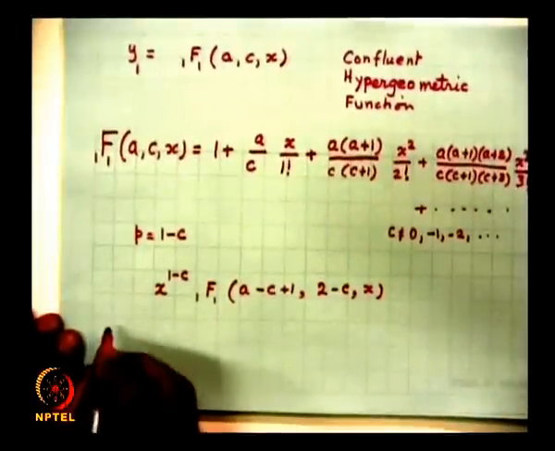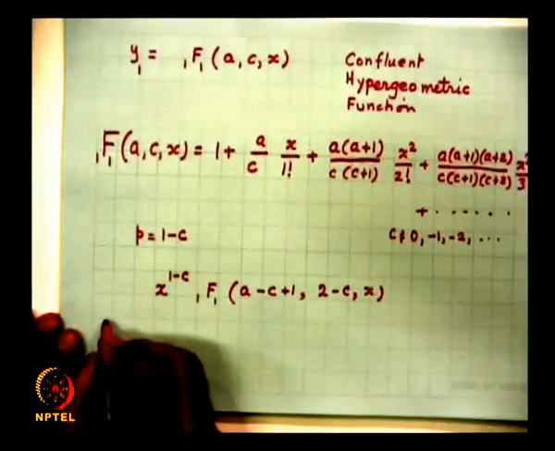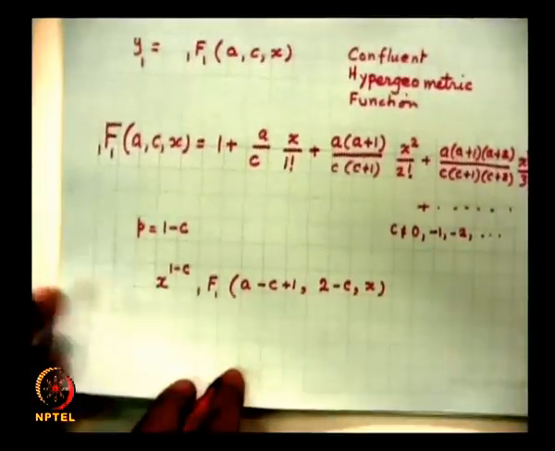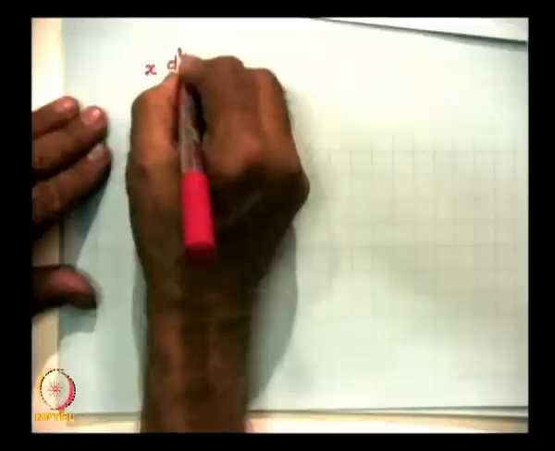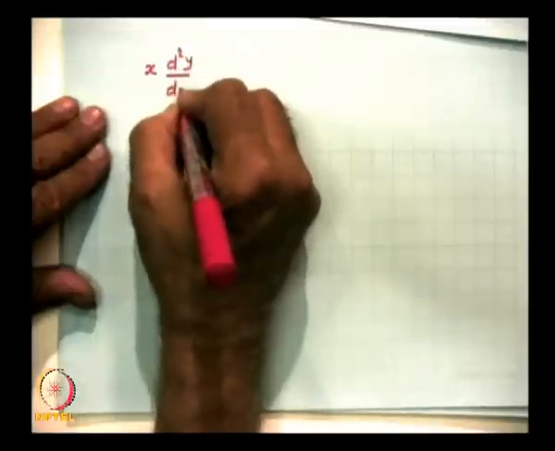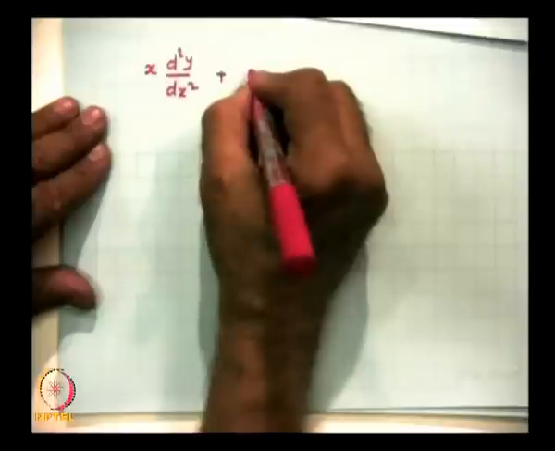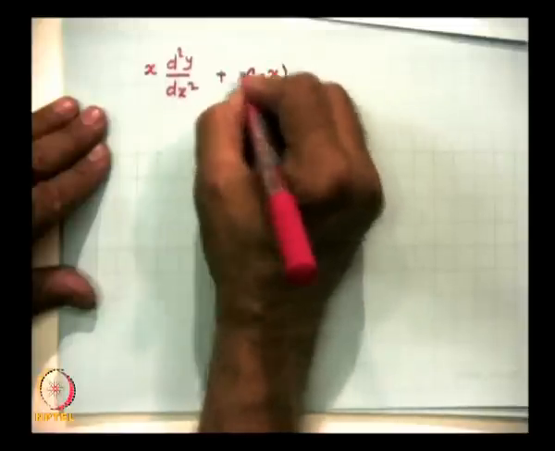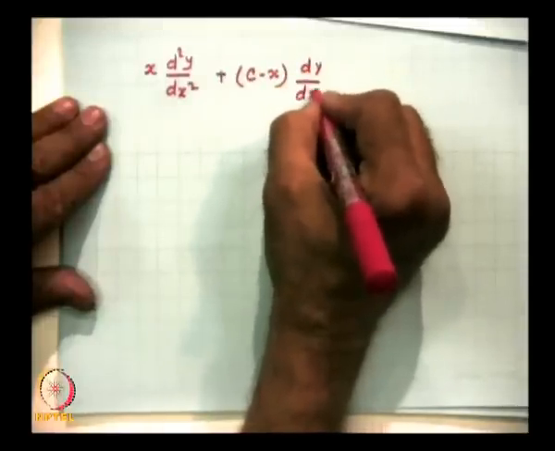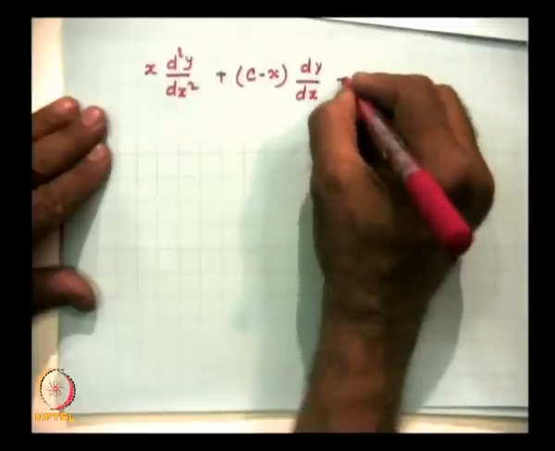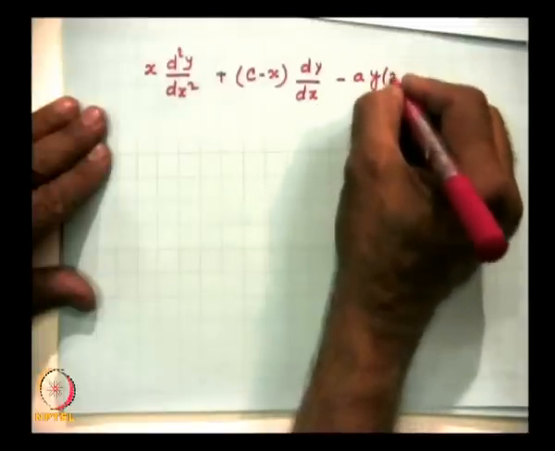So, the general solution of the differential equation is given by the following. We started out with the equation x d2y by dx square plus c minus x dy by dx minus a y of x.